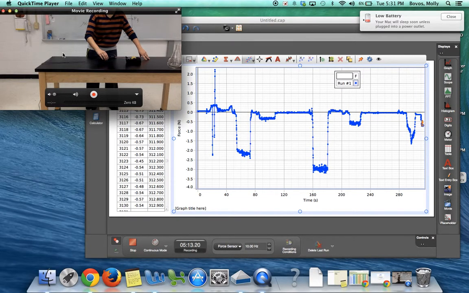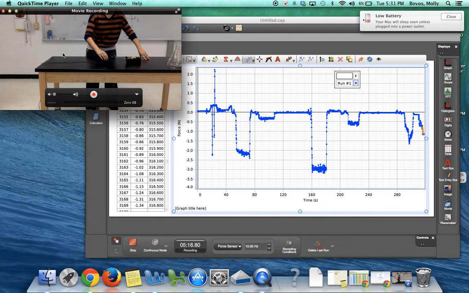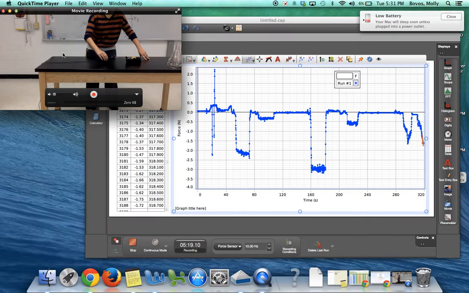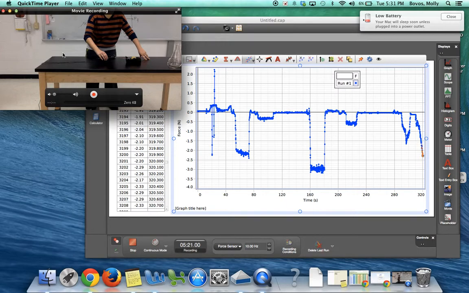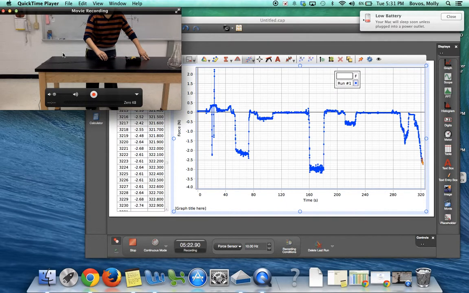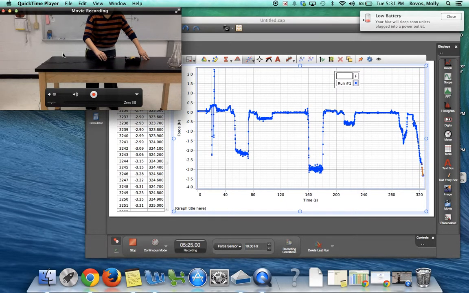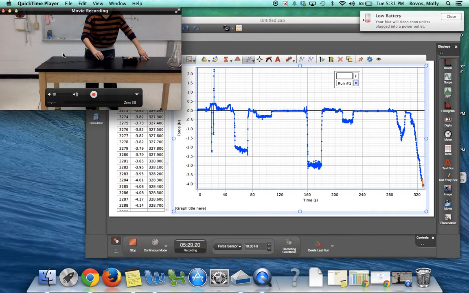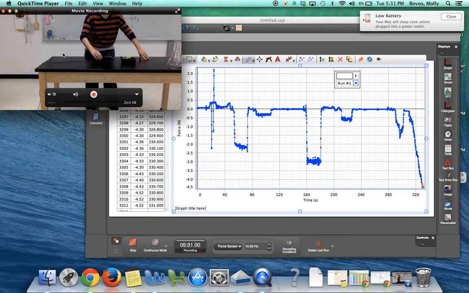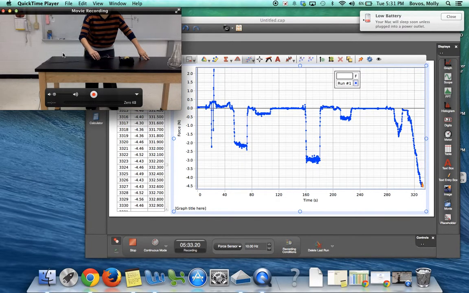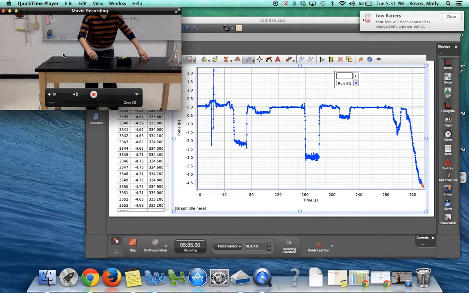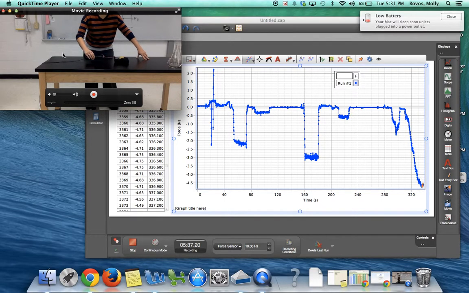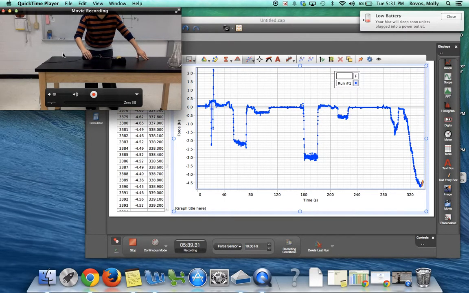Force is increasing. Tape dispenser is still not moving. Still not moving. But the force is increasing. And now finally it's starting to move. Look how big that force is that it takes to get this thing to slide with a relatively constant velocity. Yikes. It's a big force.